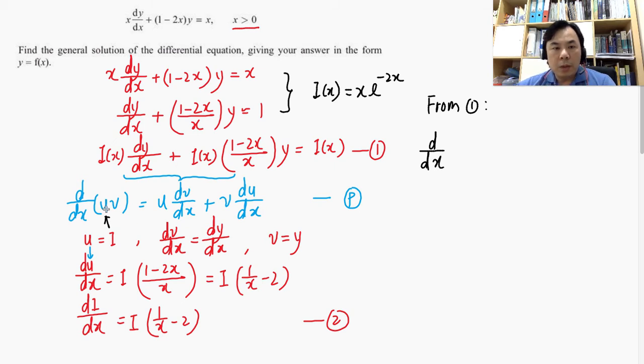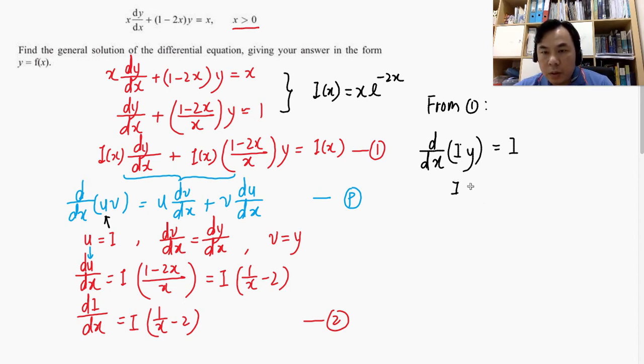I know that my u is equal to I, so I'm going to write that down as I. And I know my v is equal to y, so I'm going to write that as Iy now. And on my right-hand side, it remains as I. So that's what I have right now. From here onward, this also becomes a separable first order ordinary differential equation. So now we can apply the same strategy.